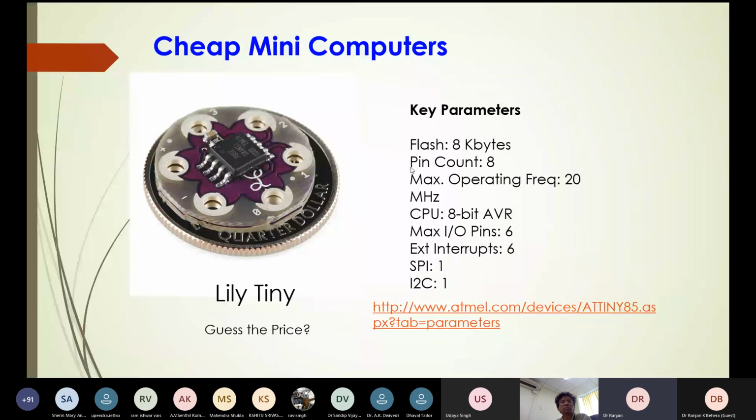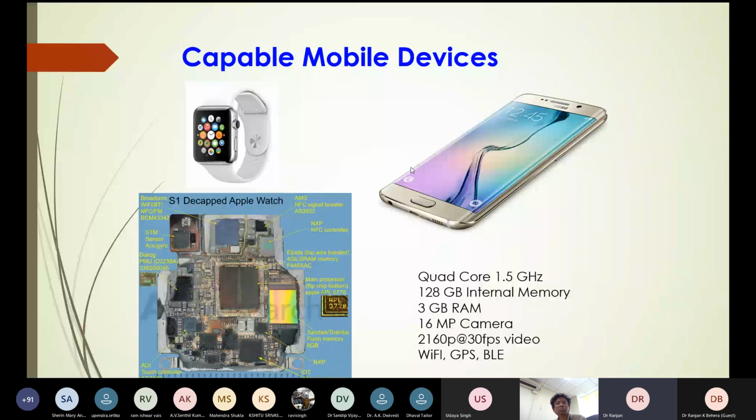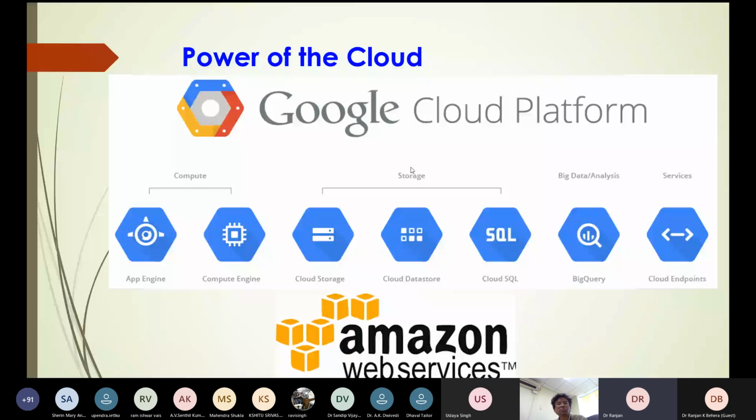Still, cheap mini computers are available today, and they can interact with mobiles and smartwatches, etc. And today, some powerful clouds are available. For the cloud platform, you can use Google Cloud Platform, and Amazon also has created a cloud platform where you can store data.